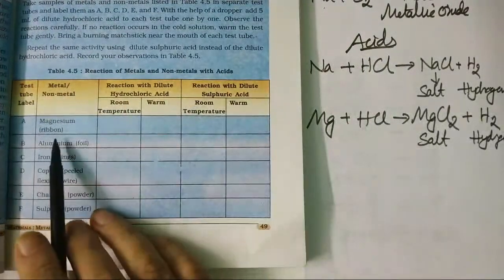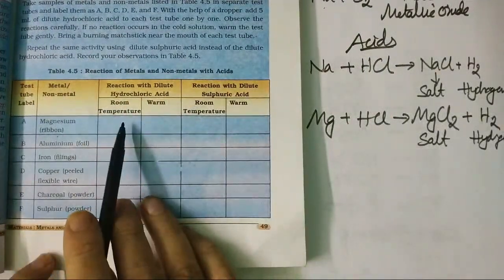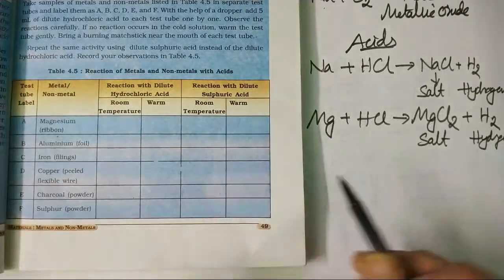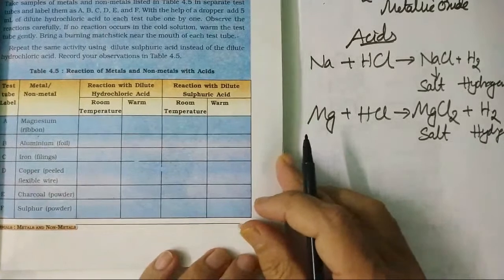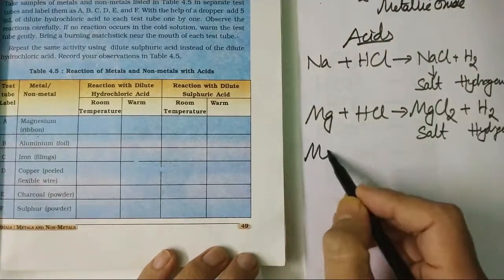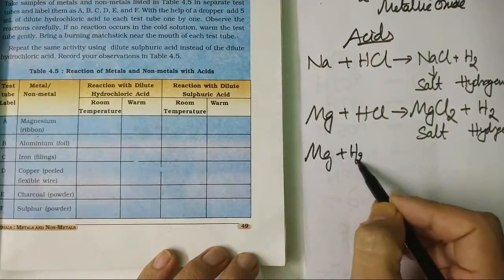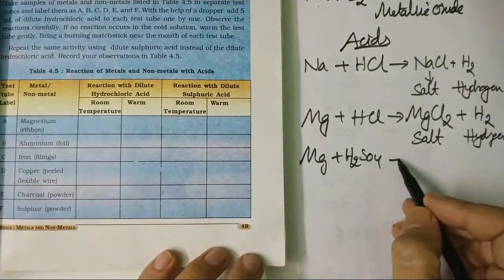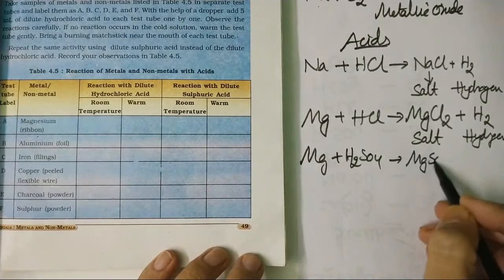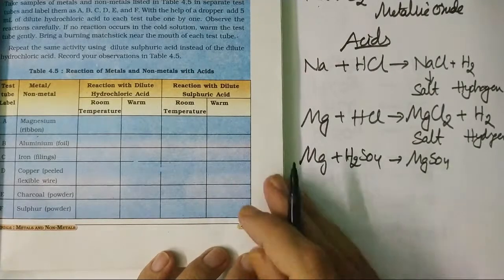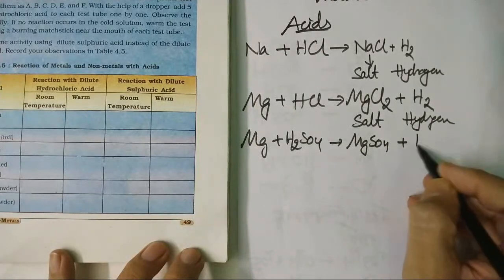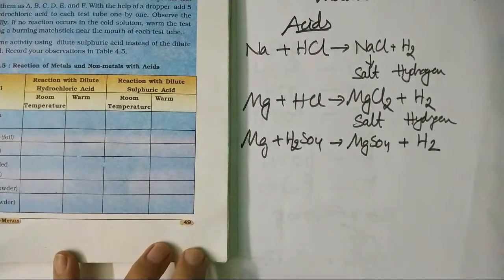It is seen magnesium will react at room temperature. Reaction with dilute sulfuric acid: how does magnesium react with dilute sulfuric acid? Mg plus H2SO4. Dilute sulfuric acid is H2SO4 and will form a salt, MgSO4. This is a salt, magnesium sulfate, and again hydrogen.